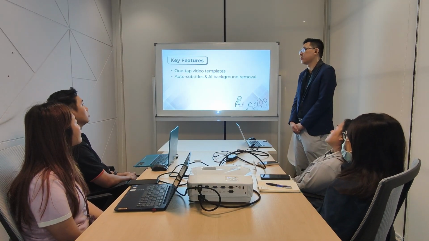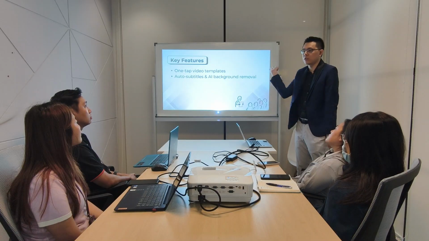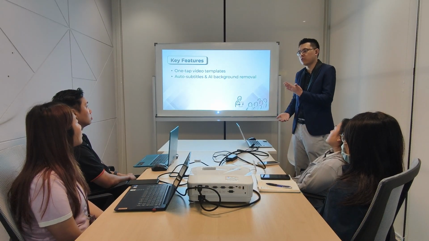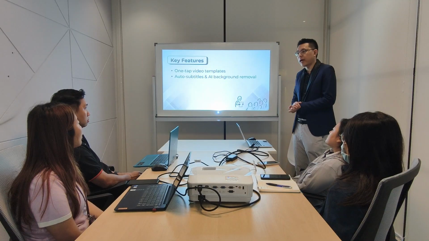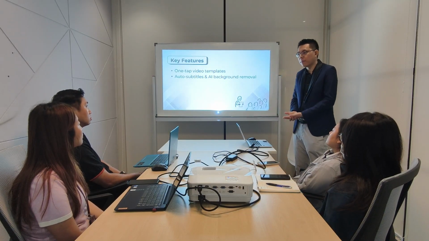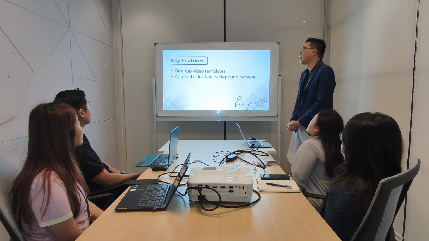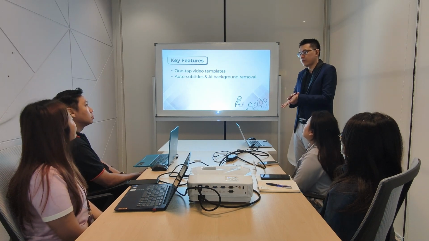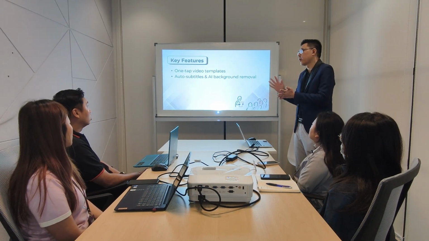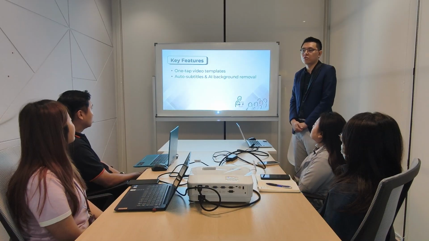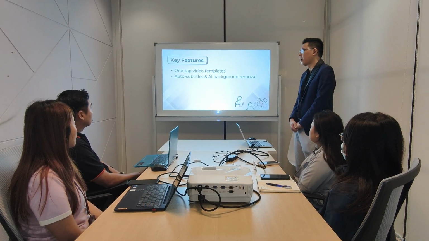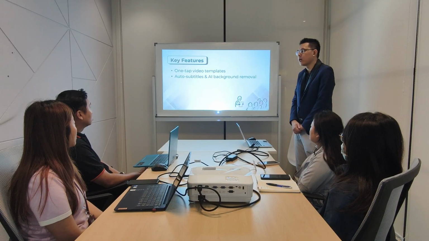What you need to do is just cross-check, because it's system-generated. You still need to make sure it's accurate, so you need to read one more time to amend the errors. AI background remover lets you remove a very messy background, and you can also do noise reduction, to make the video more presentable.